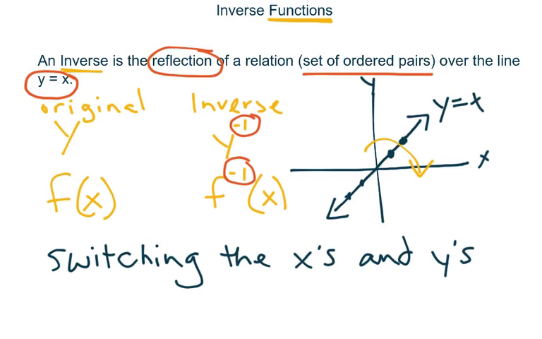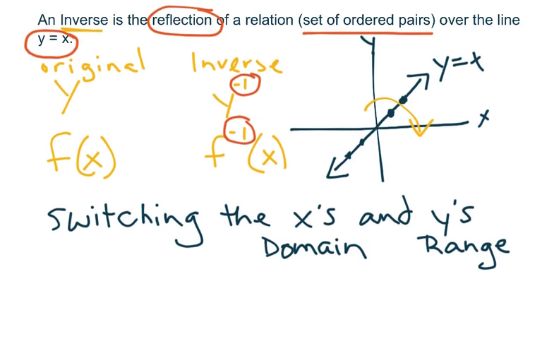What do we call the x values in an equation, a relation, or a table? Correct, domain. And what do we call the y values? Range. Very good. All right, so moving on.